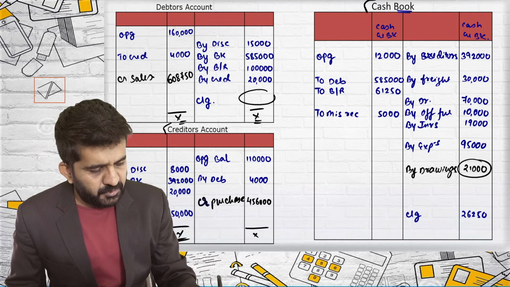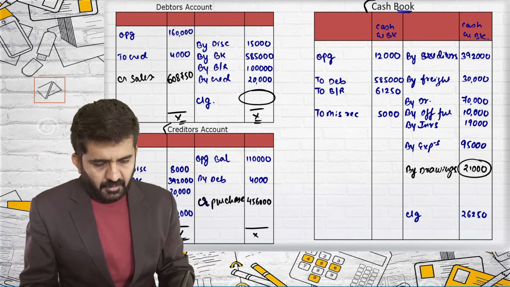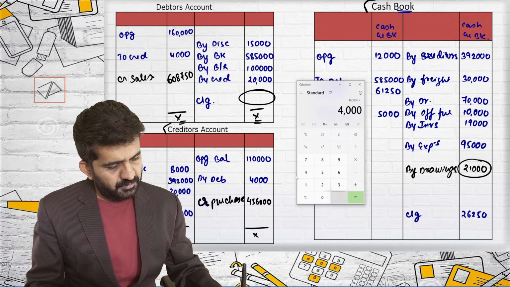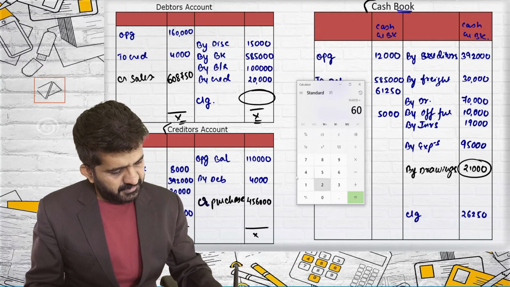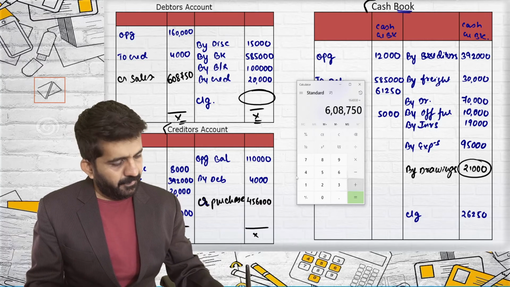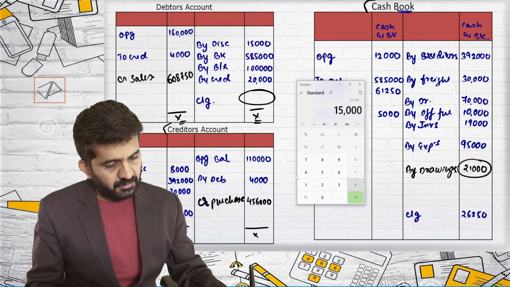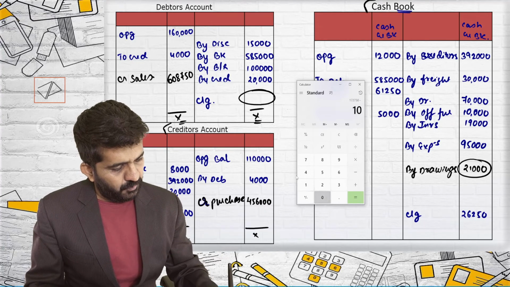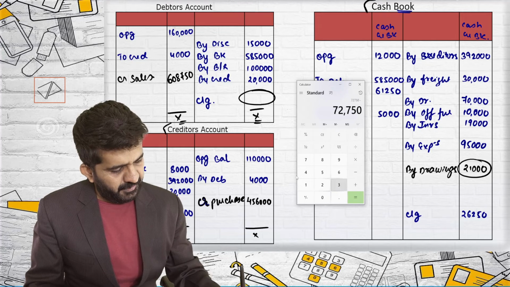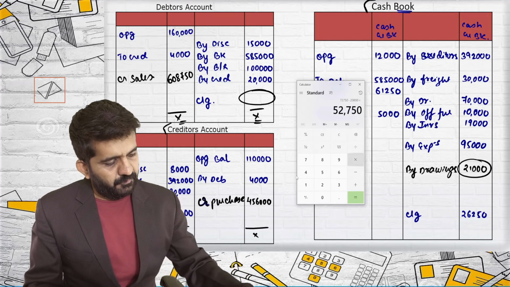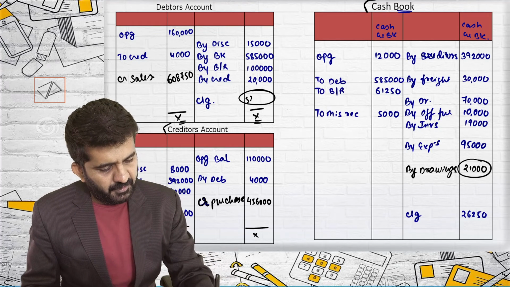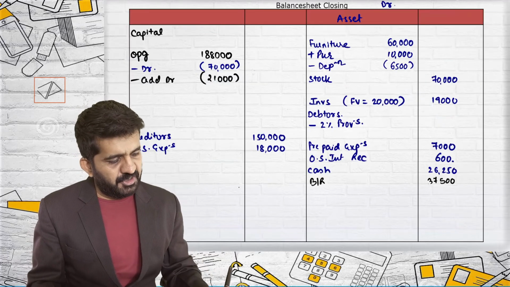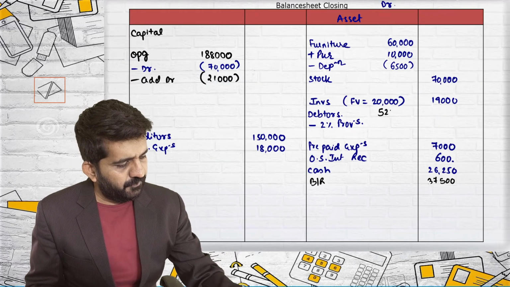I will be getting closing debtors. How to find out closing debtors? 1,60,000 plus 4,000 plus 6,08,750 minus 15,000 minus 5,85,000 minus 1 lakh minus 20,000, which is 52,750. 52,750 will go in the balance sheet, inner column.